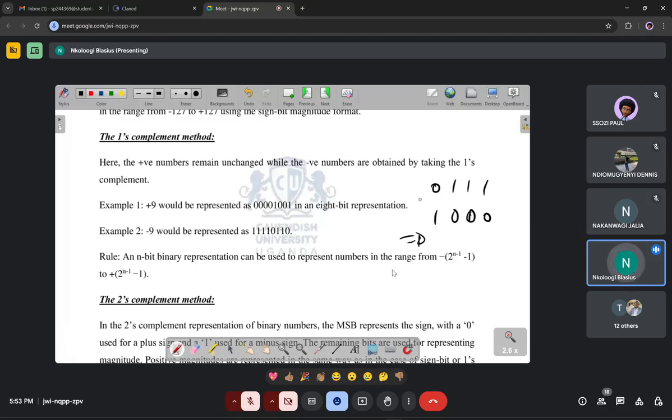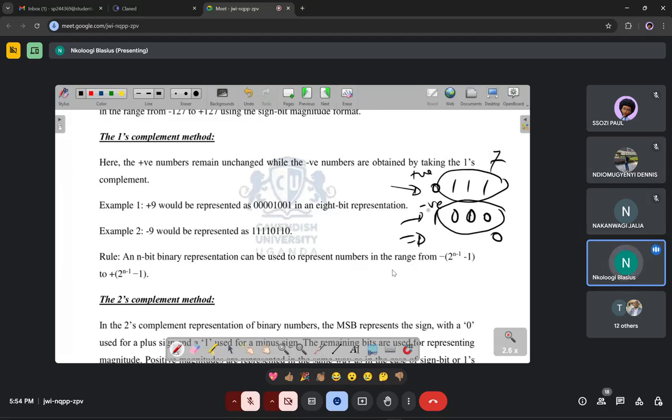But still the rule of the 0 and the 1 stands, that if MSB is a 0, then this number will be positive. If MSB is a 1, then this number is going to be negative. But the number is now this one here. I know this number 111 is a 7. This one is a 0. We shall later see how to convert.